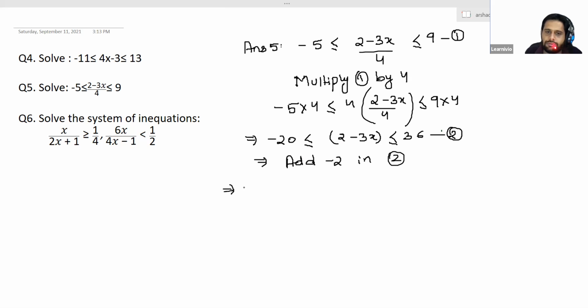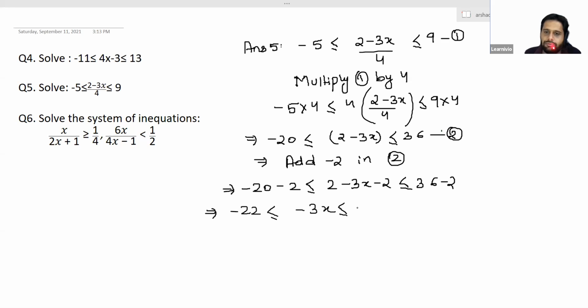This will give us -20 minus 2 less than or equal to 2 minus 3x minus 2 less than or equal to 36 minus 2. So this will give us -22 less than or equal to -3x less than or equal to 34. Okay, now Ikhra, can you tell me the next step?